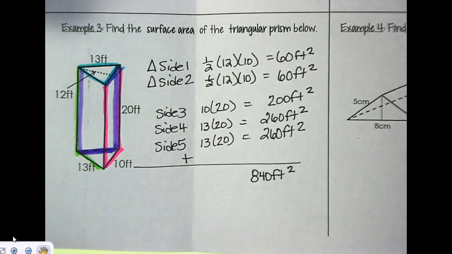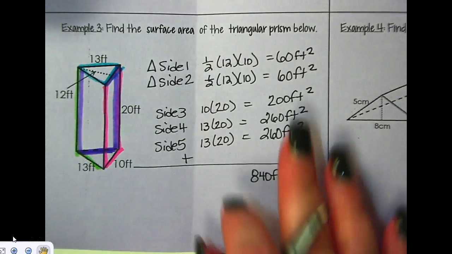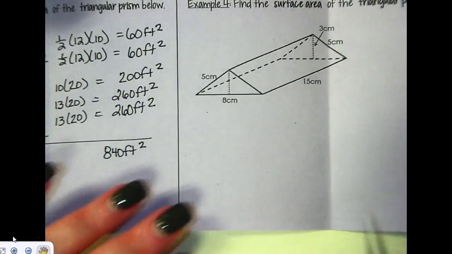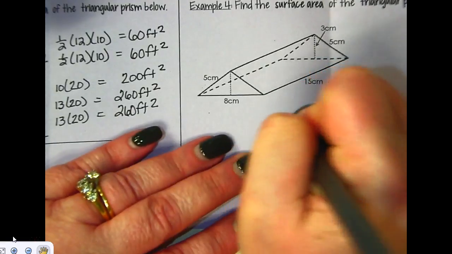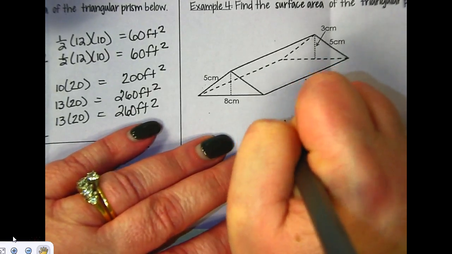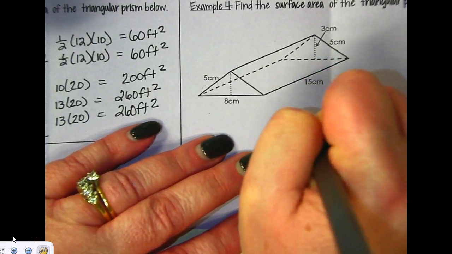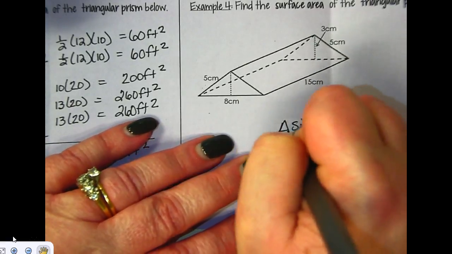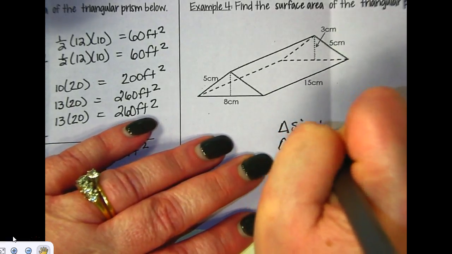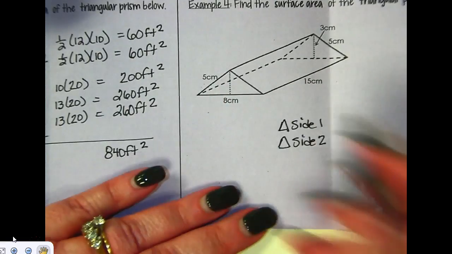All right, so let's list our sides on the next one, and then I'm going to give you a minute to try to get started on your own on this last one. So, how many bases? 2 bases that are both triangles. So, side 1 and a triangle for side 2. And then 3 rectangular bases.